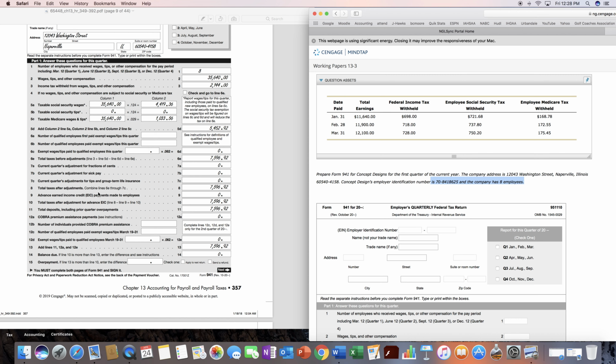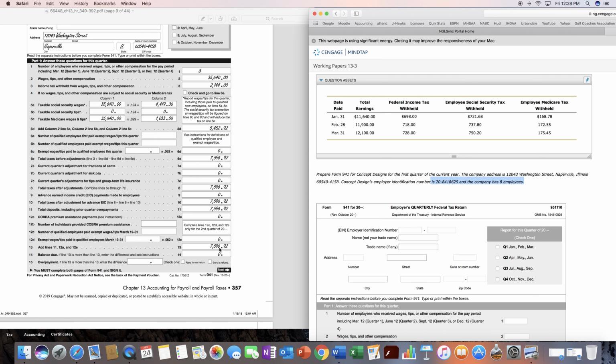Again, we're doing a very basic idea. We drop this number down that says total taxes after adjustments. We have a 0 for adjustments. You can just follow along. We get down here to the end, wages and tips, we have 0. We're adding these lines up, so we just constantly bring these down.